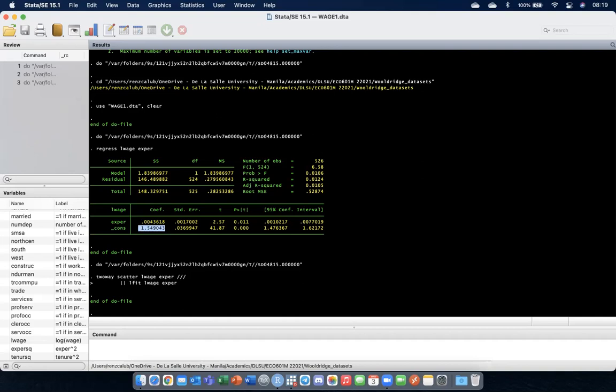You also have your R squared, which is one of the measures of goodness of fit. In the next video, maybe I will emphasize that R squared is not really something you should be looking at. It shouldn't be your primary metric if you're trying to verify whether the model is correct or not. What else?